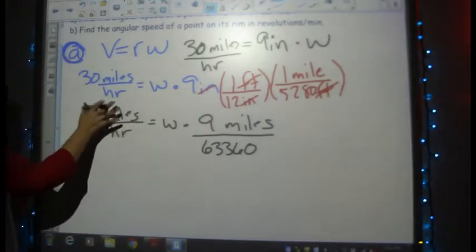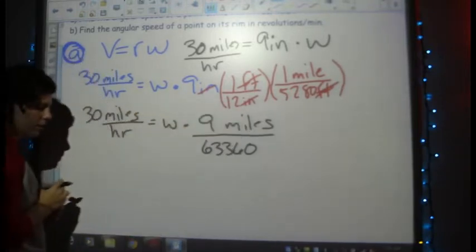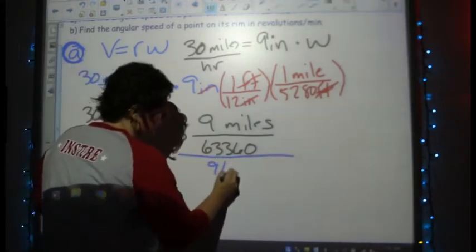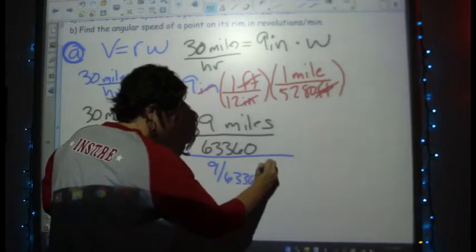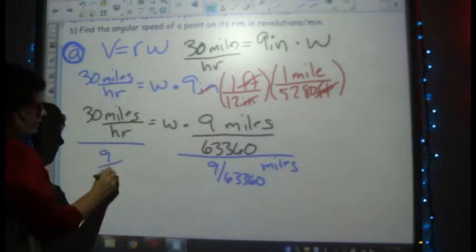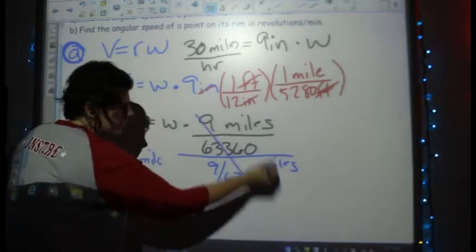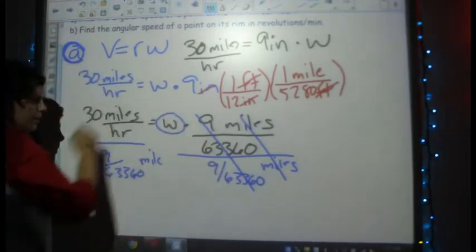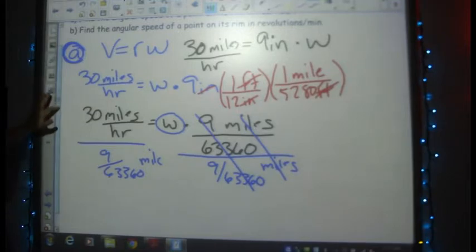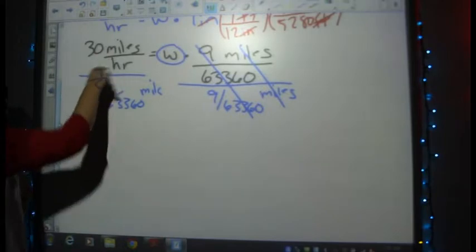So now here I have 30 miles per hour equals W times my fraction. So I'm going to divide both sides by 9 over 63360 miles. Keeping in mind the miles and my fraction would cancel, I'll be left with W on that side. When I divide by a fraction, what happens? That's right, you've got to flip and multiply, and that actually goes for the units as well.